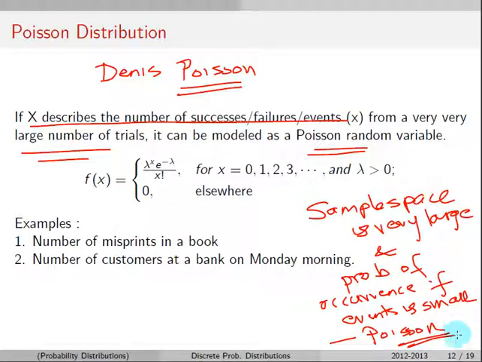If the sample space is very large but the probability of occurrence of events is very small, for example, the number of misprints in a book, obviously the sample space is a very, very large number, but how many misprints do you actually find in a book?